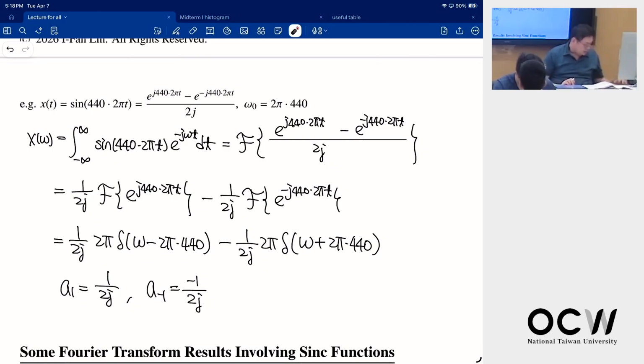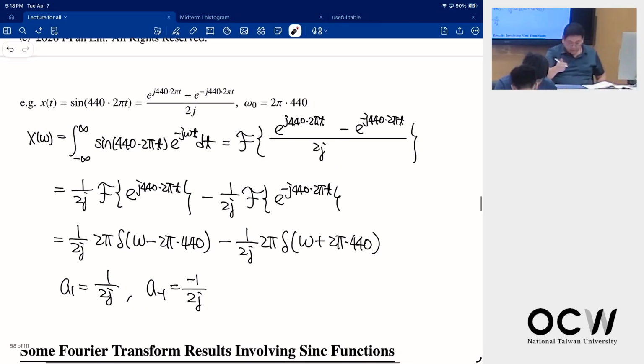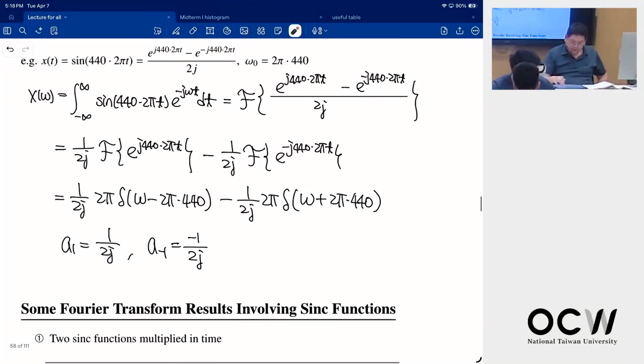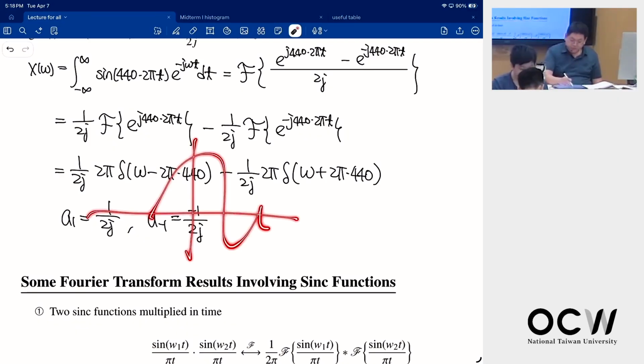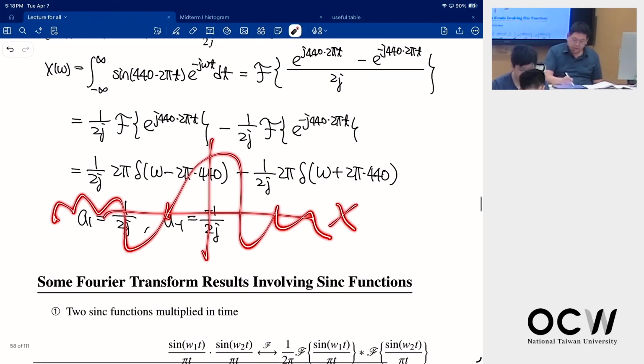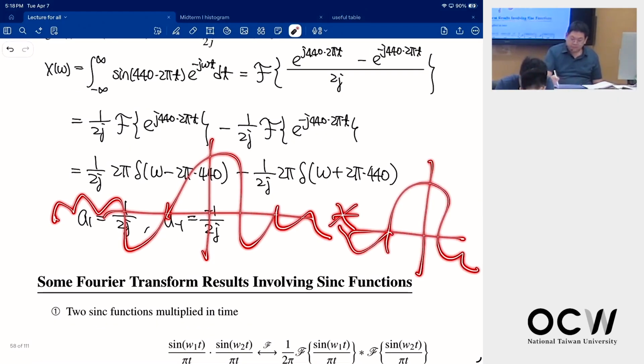And next week, we're going to talk about something very important, the Fourier transform with the sinc functions. What happens, for example, if 2 sinc functions multiply in time, what happens in frequency domain? We know that for the sinc function, it's this, right? And you need to convolve another sinc function.